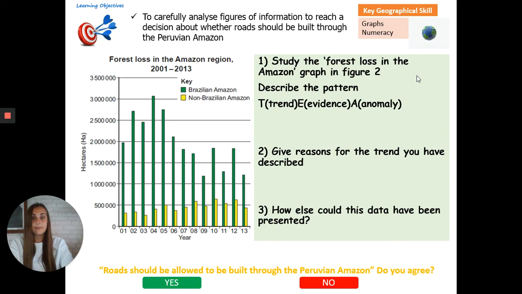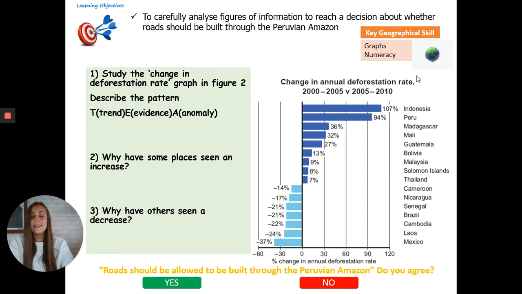Okay, next little bit of information, and this is quite a challenging graph, so please don't be put off by this.